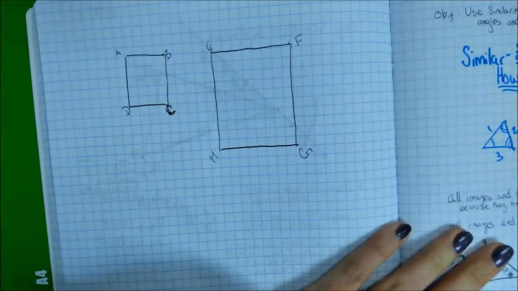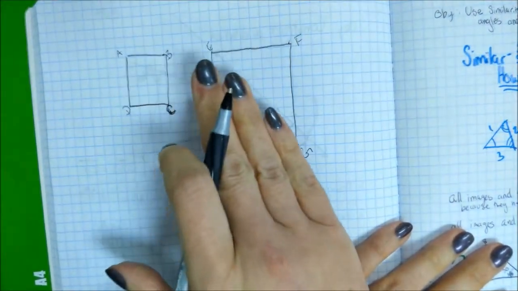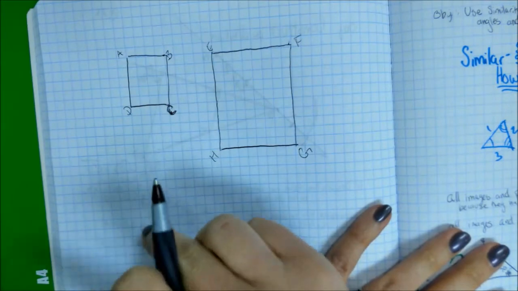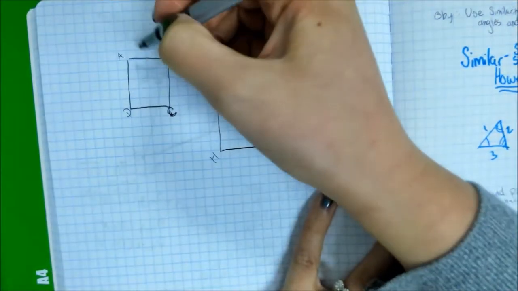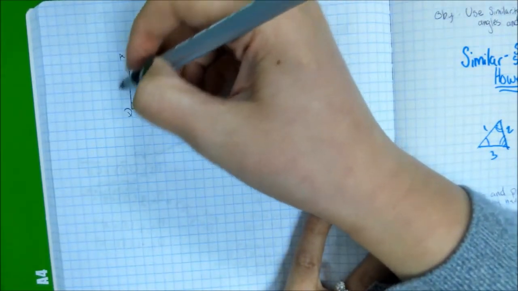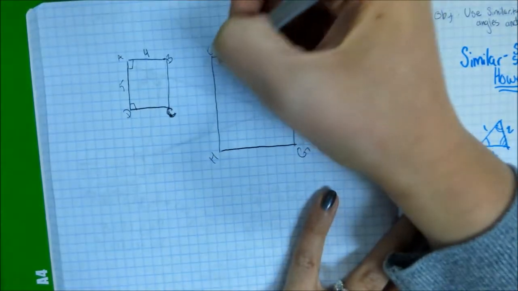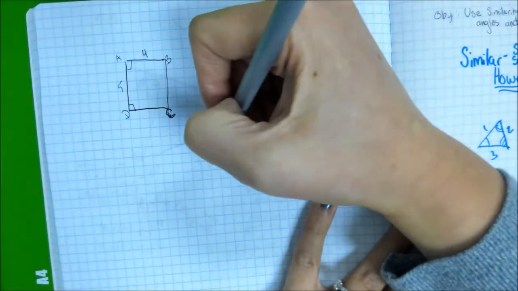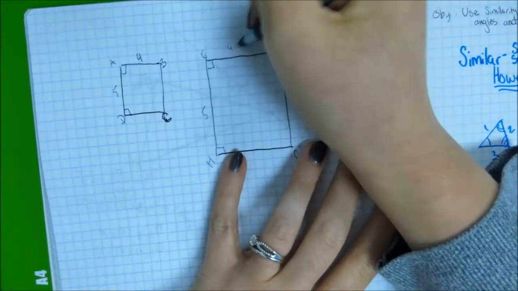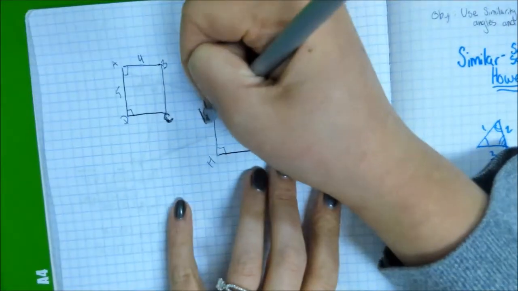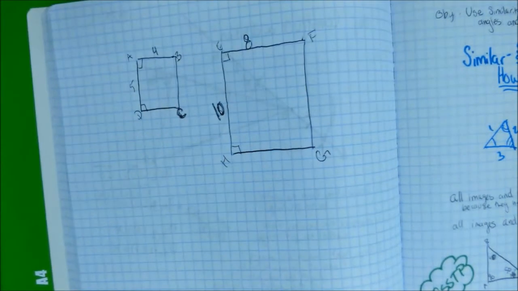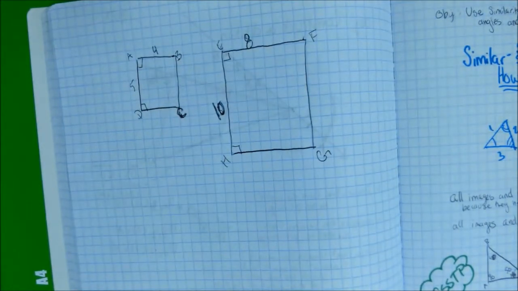I got two rectangles, okay? So these two rectangles are similar because they have the same angles and their sides are going to be in proportion. So the side of AB is going to be 4, and the side of AD will be 5. Okay? And so this side up here is going to be 8, and this side here is going to be 10.